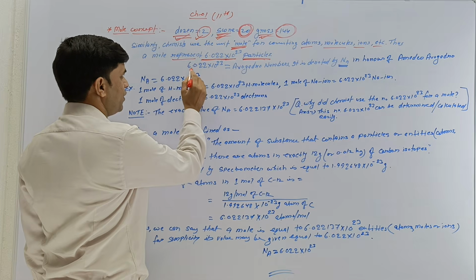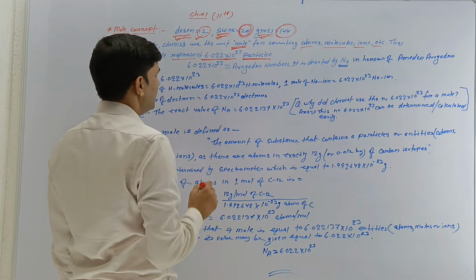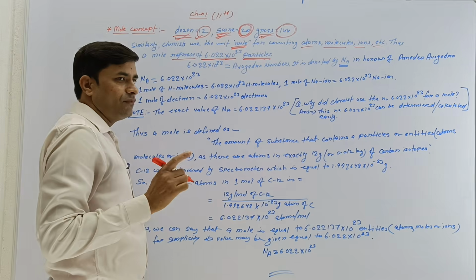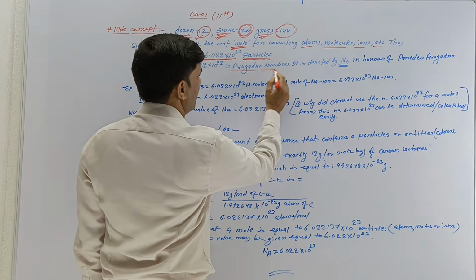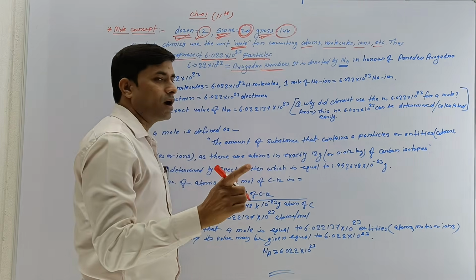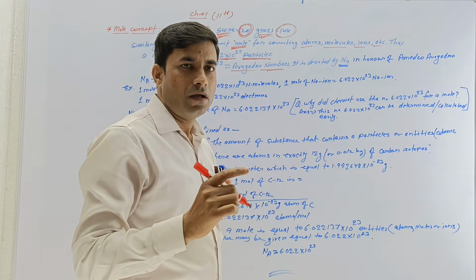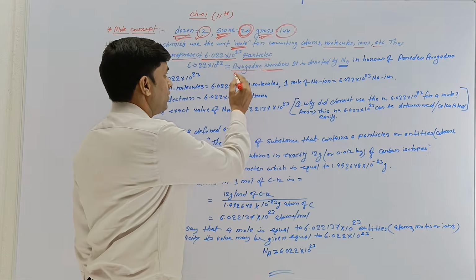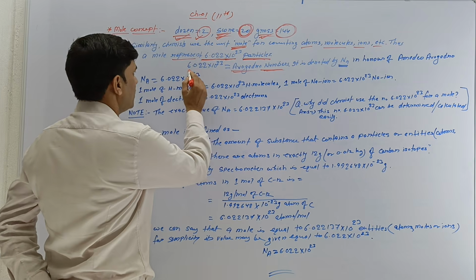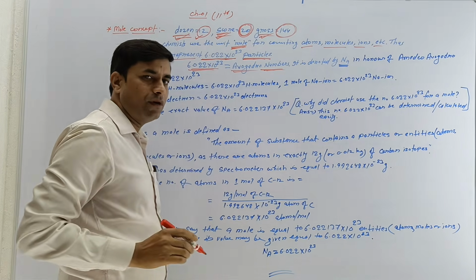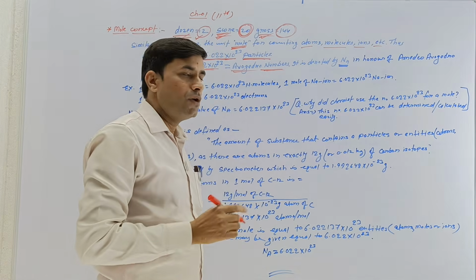The number 6.022 into 10 to the power 23 is also called Avogadro's number. Why?